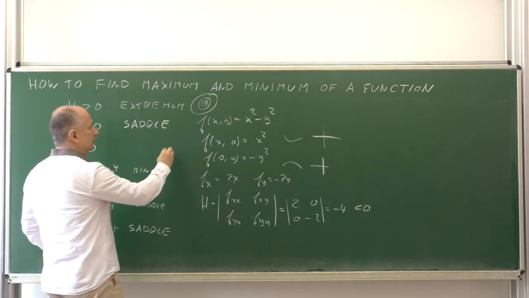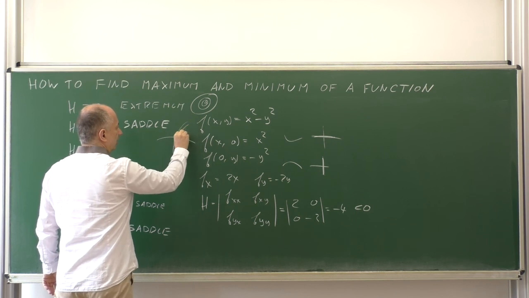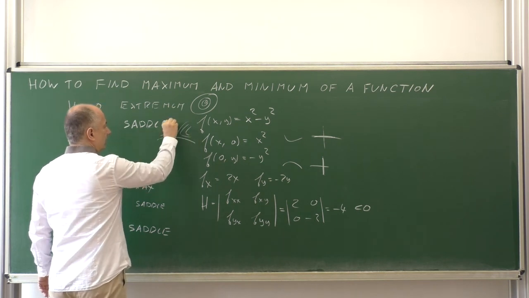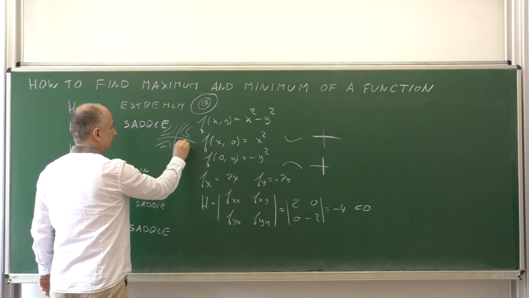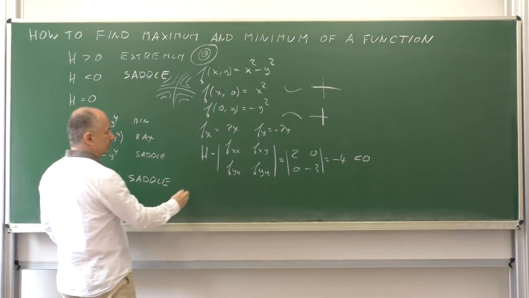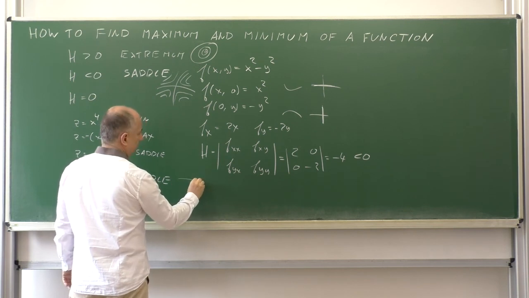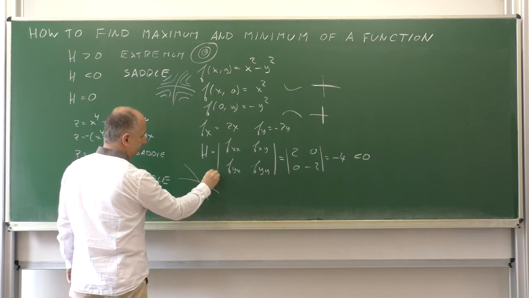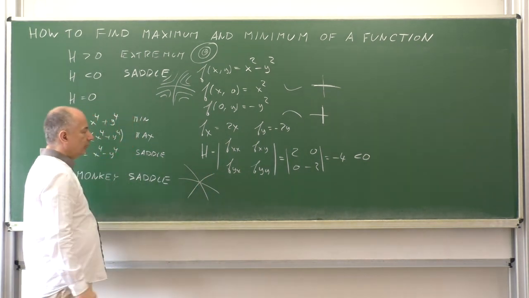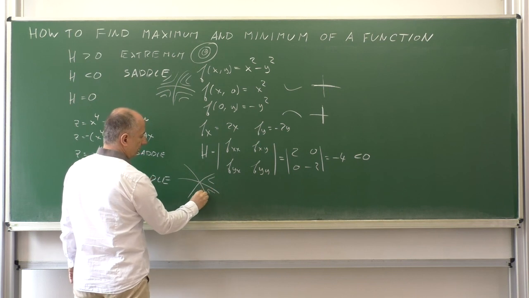A saddle is characterized by a contour line that forms a cross like that. A monkey saddle would correspond to 3 crossing contour lines, with the other contours looking like that.